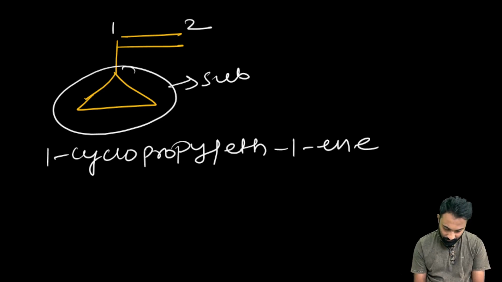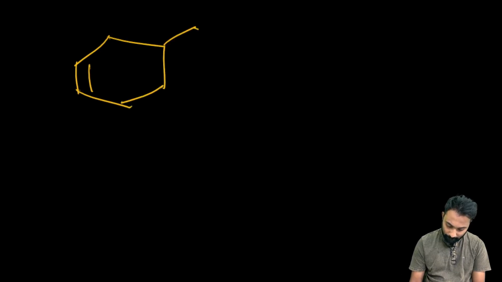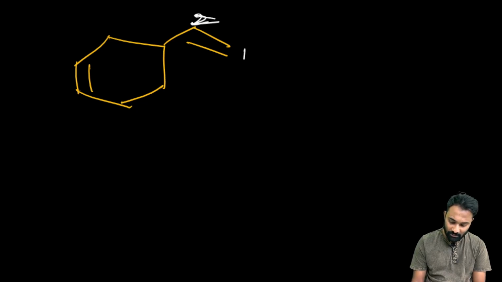Now next, suppose the compound is given in this manner. Here also there is one double bond in the ring, and the substituent also has one double bond. If you take the substituent as the parent carbon chain, you get only 2 carbons.